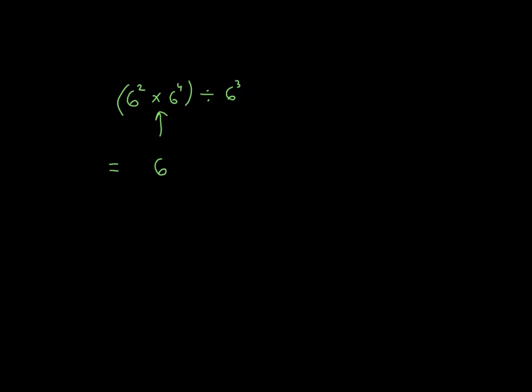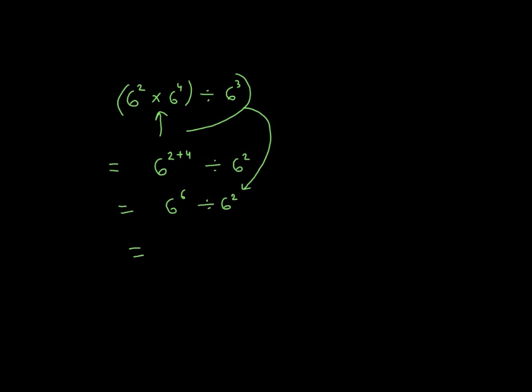According to the first law of exponent, 6 will be taken as the common base and powers will be added. So this becomes 6 raised to power 6 divided by 6 raised to power 2. So we had started from three numbers given in exponential form, and we have reduced this to two numbers.